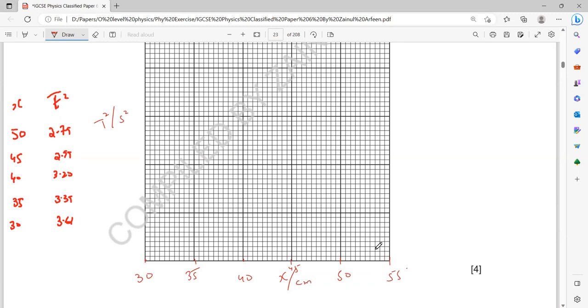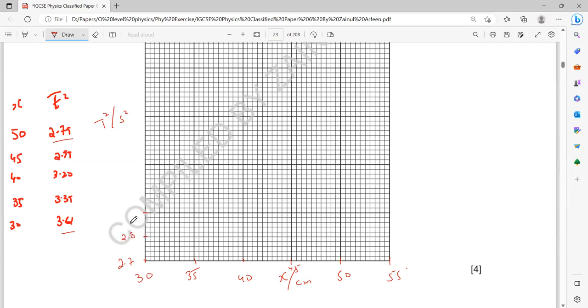So we have to select an axis scale, stretching the axis so it covers 70% of the graph paper. For the y-axis, the minimum value is 2.79 and the maximum is 3.6. So if I start with, for example, 2.7, then 2.8, or 5 boxes if I select 0.1, so 1, 2, 3, 4, 5.